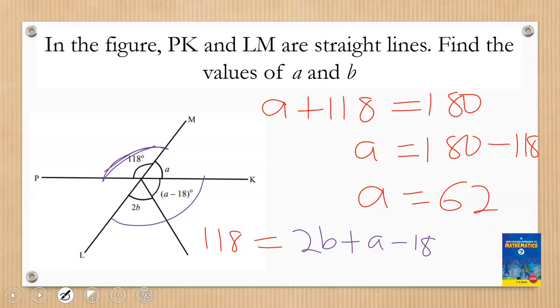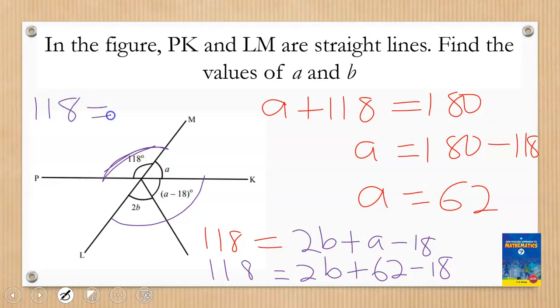And we know A to be 62, so we can say 118 is equal to 2b plus 62 minus 18. Now if you simplify that, 62 minus 18 will give us 44. So I can rewrite the whole thing as 118 is equal to 2b plus 44. Good, like this.